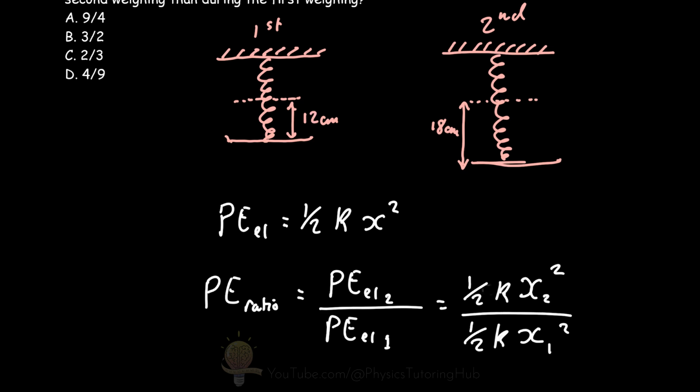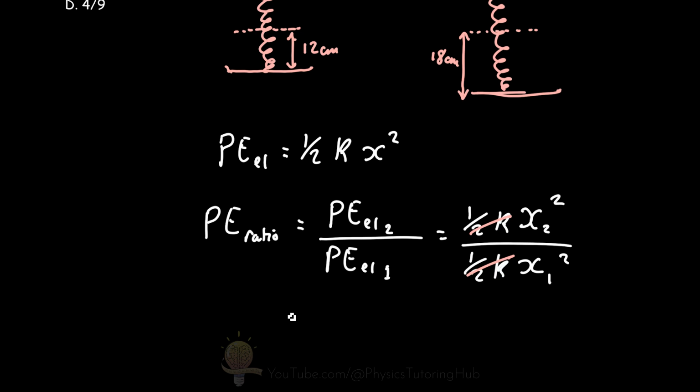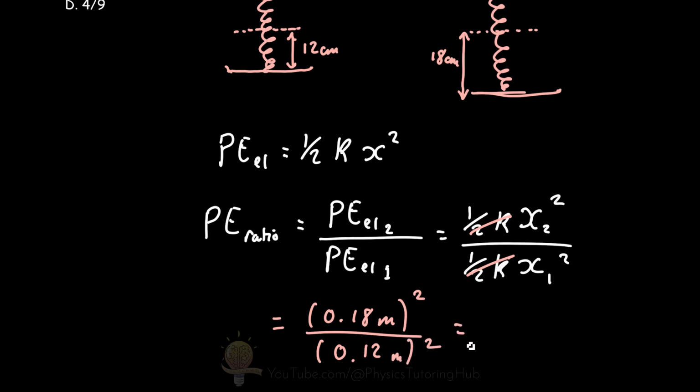Now we can cancel out the half term here and the spring constant because they're the same in the numerator and denominator. That leaves 0.18 meters in the second scenario squared divided by 0.12 meters squared in the first scenario.